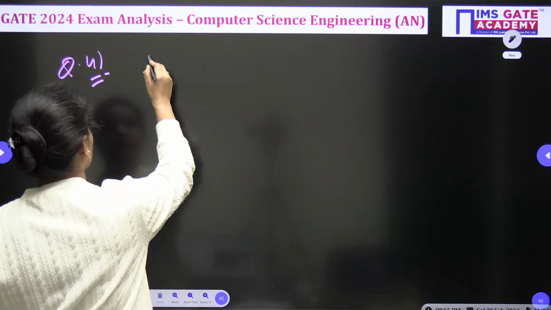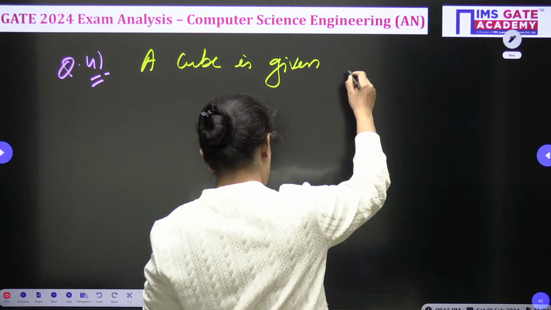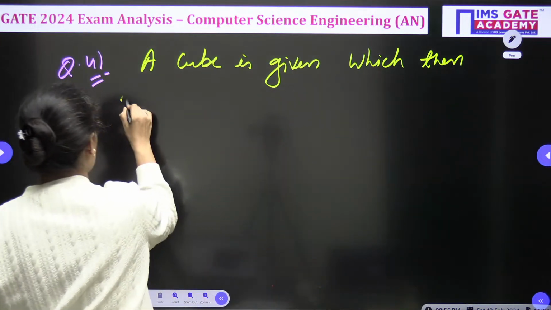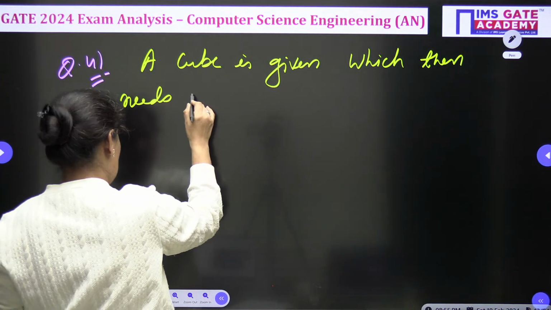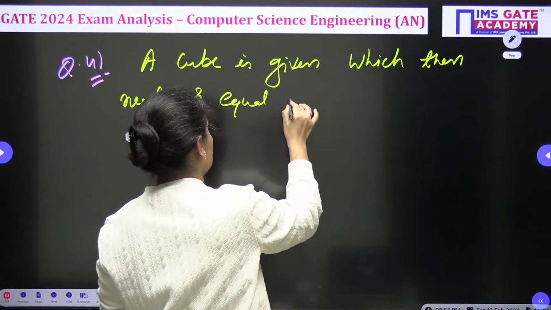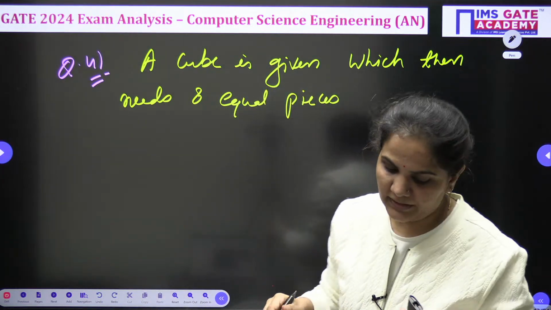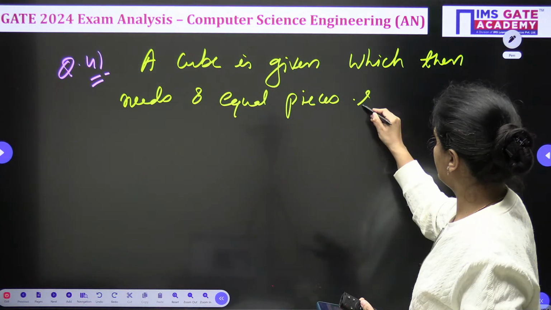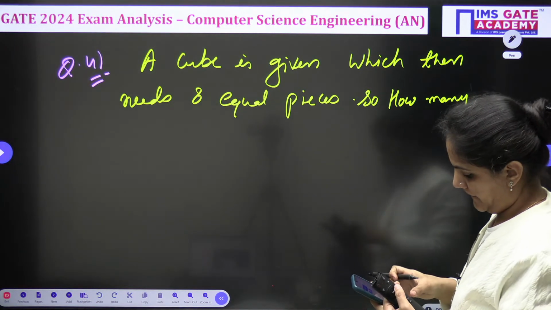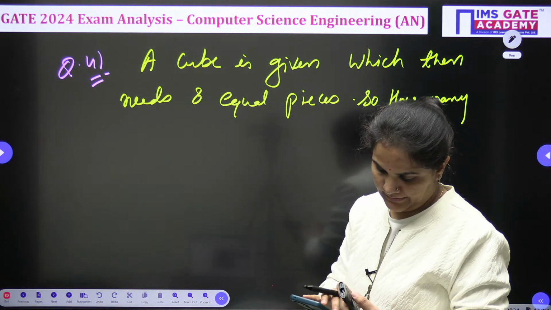A cube is given which needs to be cut into 8 equal pieces. So how many minimum cuts are required?